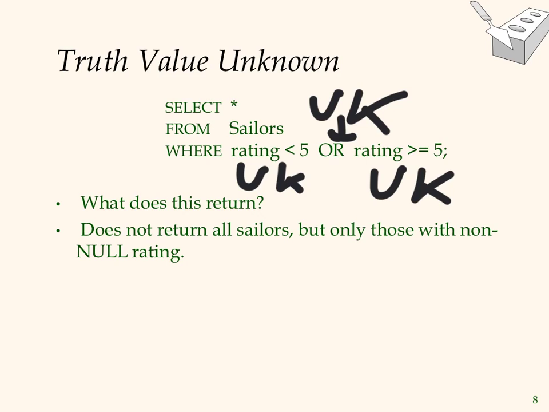Okay, so you can check that for yourself by running the query on the sailors table. But that is a tricky thing to watch out for. This is easy to screw up in queries if you're not thinking about null values. You may think something like, oh, if it's greater than 5 or less than or equal to 5, it has to be selected, but it actually doesn't.